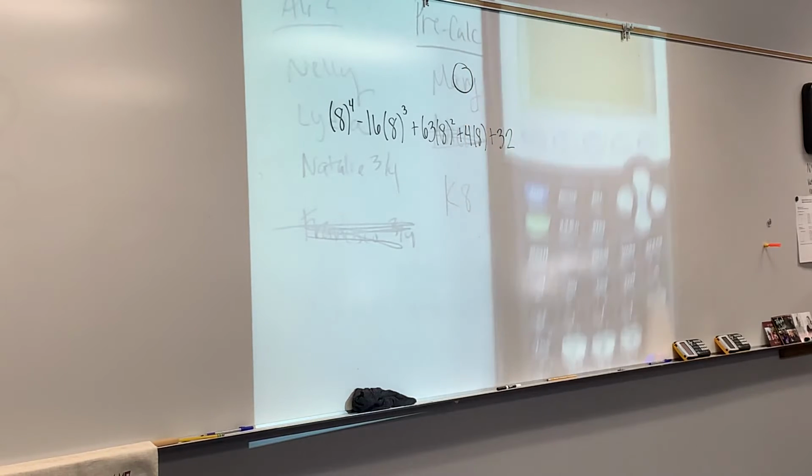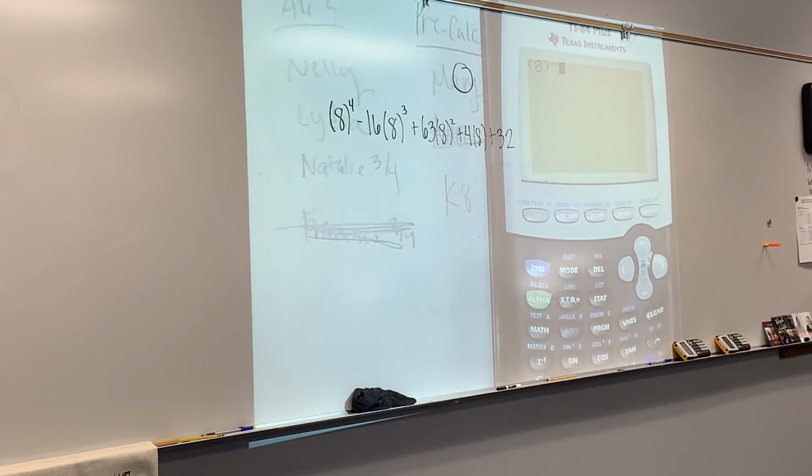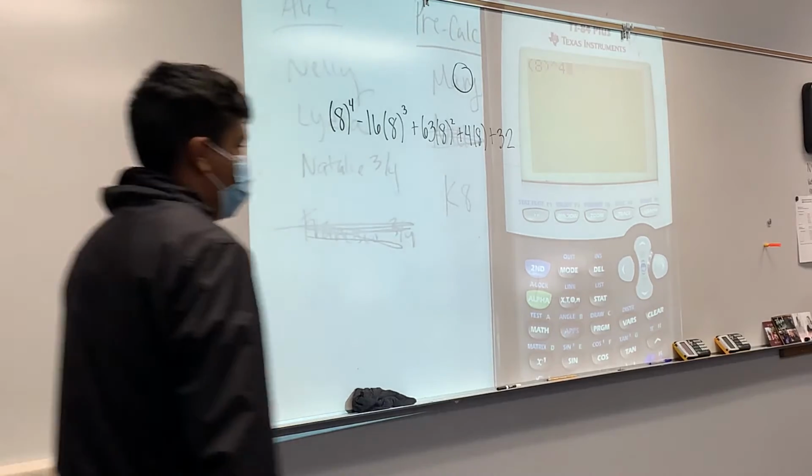And then you would press this button right here, the caret, the up arrow. And yours might just bring it up. That would be to the 4th power. If it brings it up, you might have to arrow over. Do you have a newer calculator? So once you've done that, yeah, you got it.